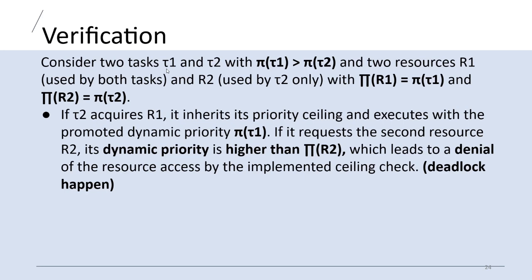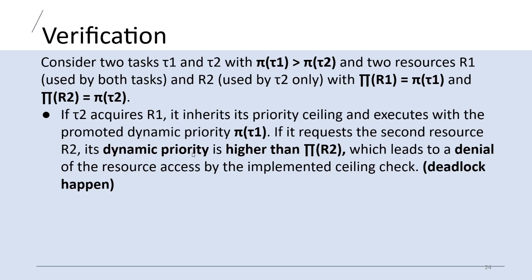If tau 2 acquires R1, it inherits its priority ceiling and executes with the promoted dynamic priority inherited from R1. If it then requires the second resource R2, the dynamic priority is higher than the ceiling of R2, because the ceiling of R2 is equal to pi of tau 2, and pi of tau 2 is less than pi of tau 1.